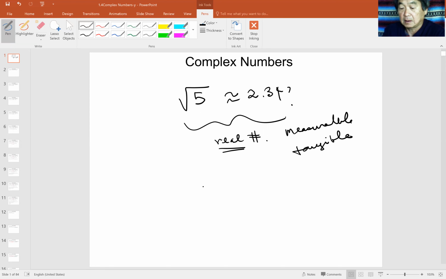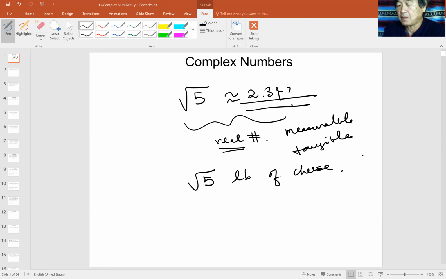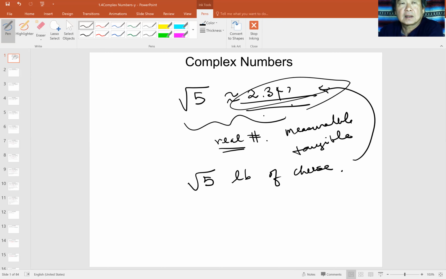I can try to measure out the square root of 5 pounds of cheese, because there's a decimal approximation for it. So these numbers, this type of number, we say they are real. What type? Decimal numbers that I can physically obtain measurements close to.